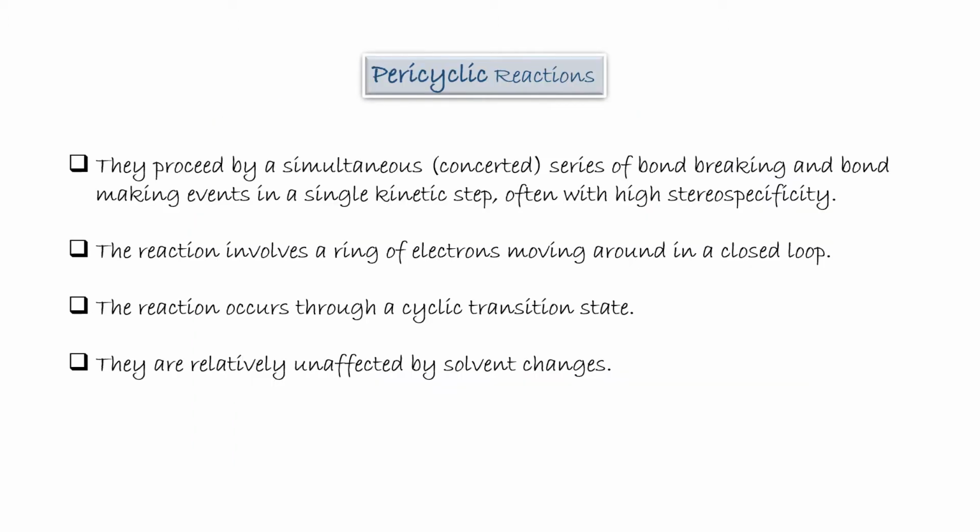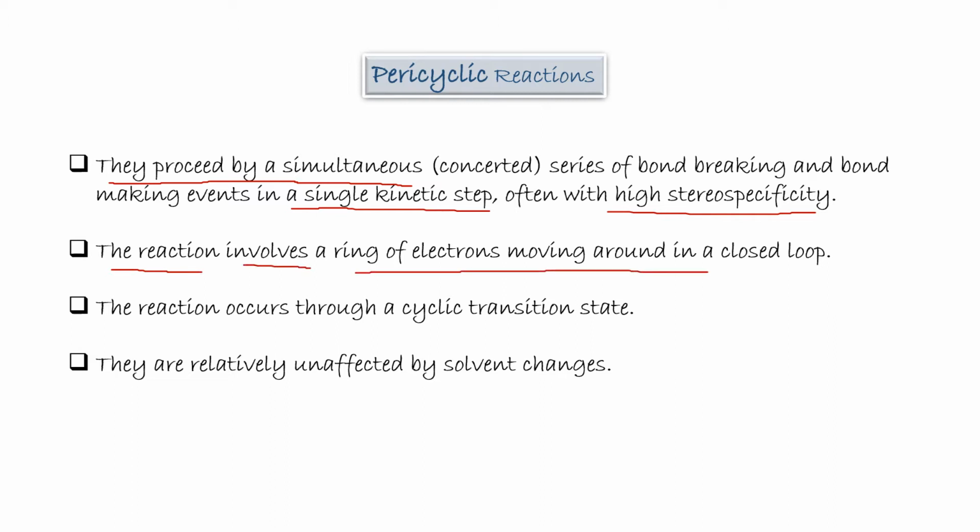Pericyclic reactions. What are these reactions? They proceed by a simultaneous concerted series of bond-breaking and bond-making events in a single kinetic step, often with high stereospecificity. The reaction involves a ring of electrons moving around a closed loop.